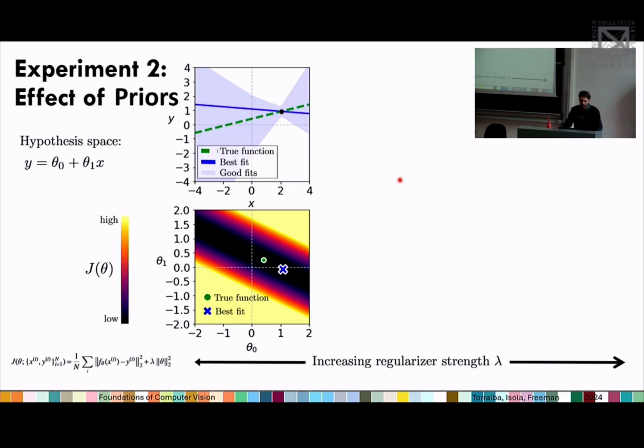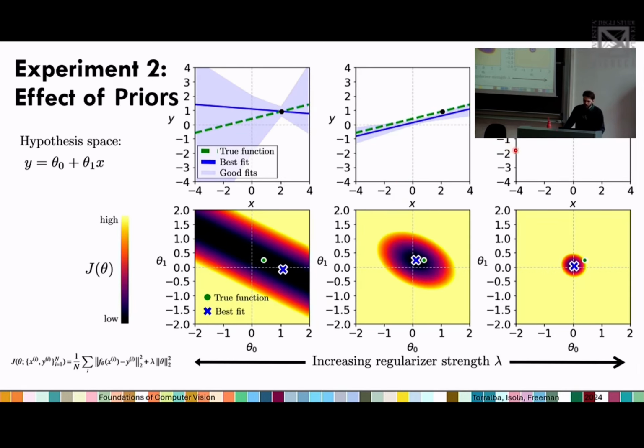Now, let's see the effect of using priors. Suppose that here you add a constraint where you want to minimize the norm of both parameters. In this case, even with just 1 point, we get a more decent fit because a constraint written this way pushes both parameters to be close to 0.